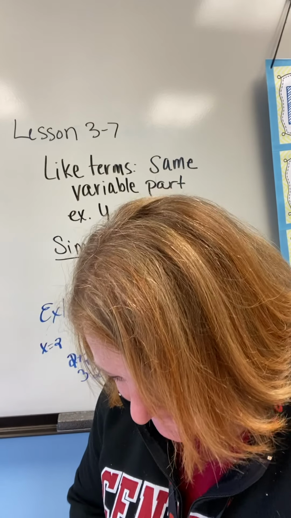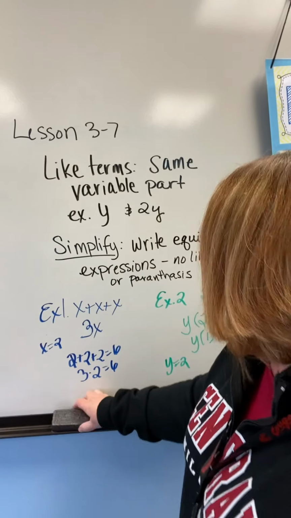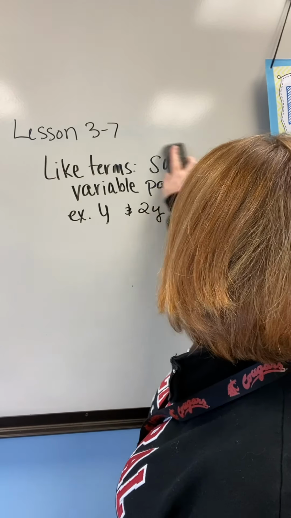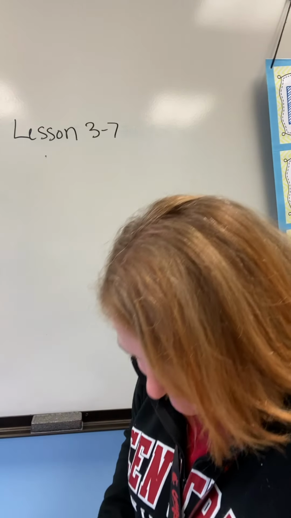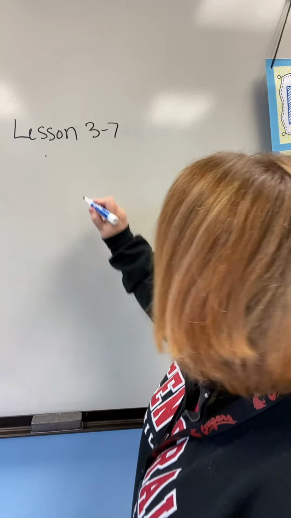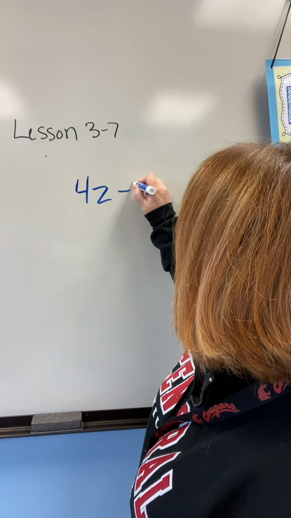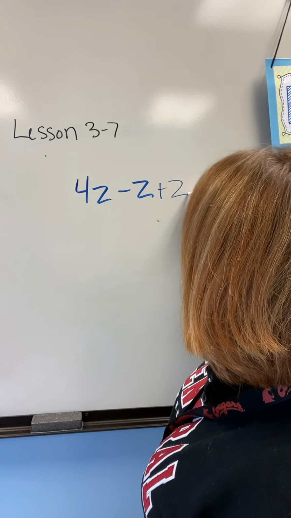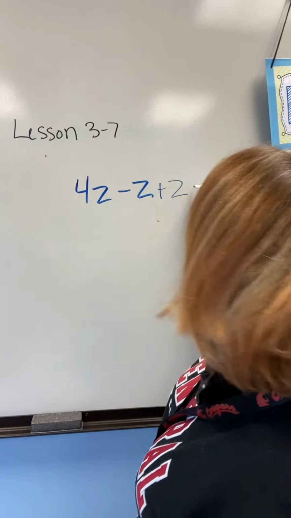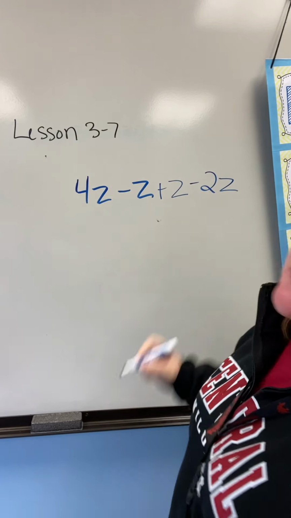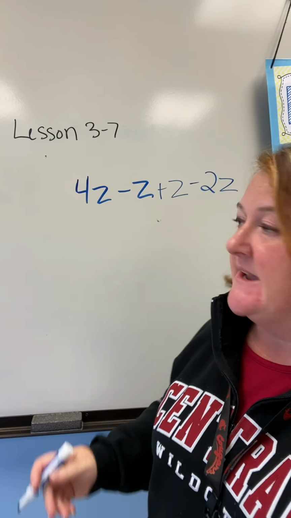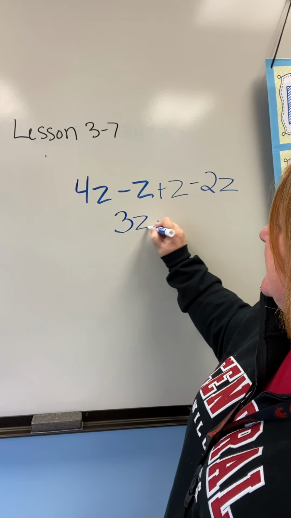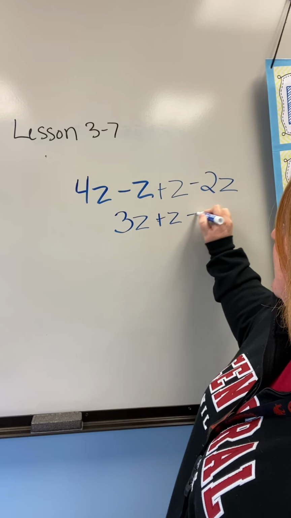So let's take a look at this a little bit deeper. If I had 4z minus z plus z minus 2z, I'm going to work left to right like I have been. 4z minus z will be 3z, plus z, minus 2z.